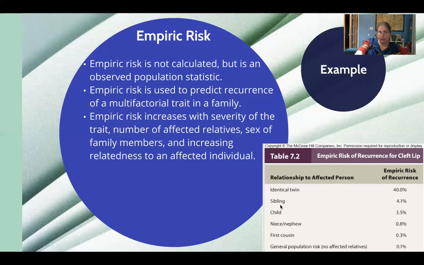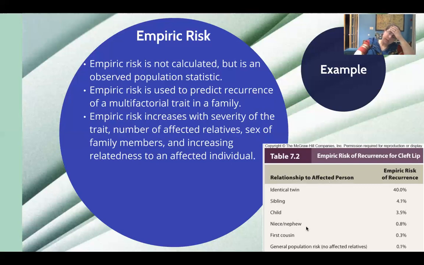If their child has it, then the parent has a 3.5% chance. If they are the child of parents who had it, then they have a 3.5% chance of inheriting it, because this is the relationship to the affected person.